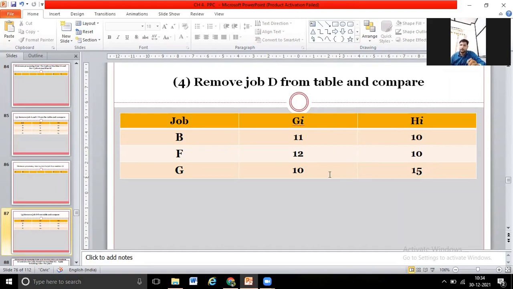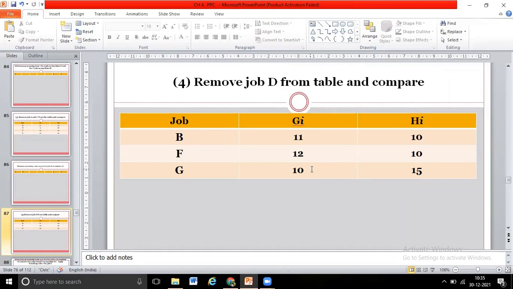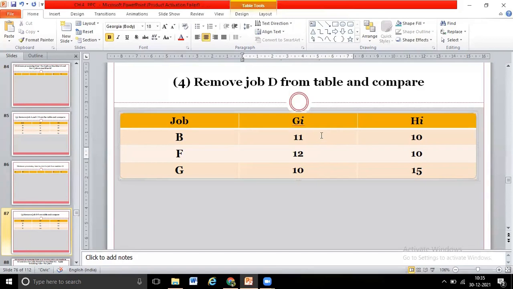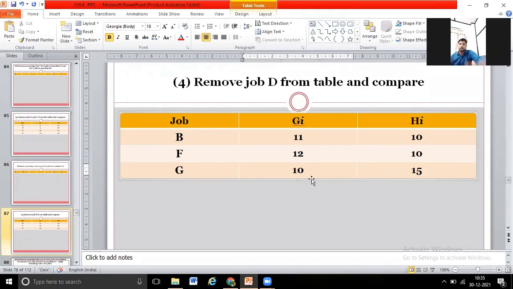So first of all, there will not be any problem for the G job for the location purpose.